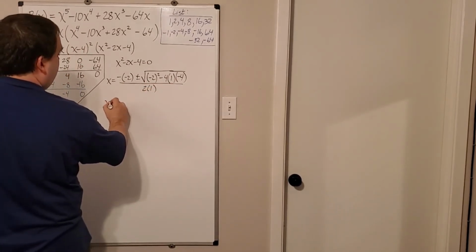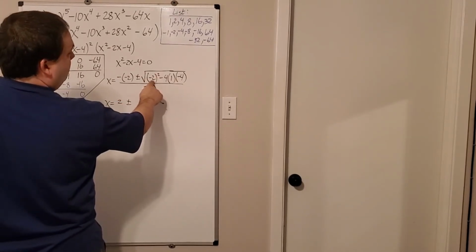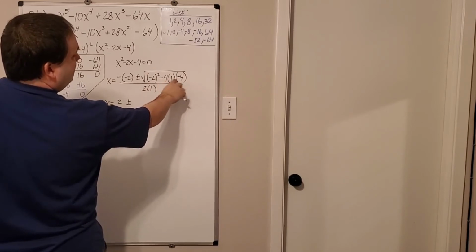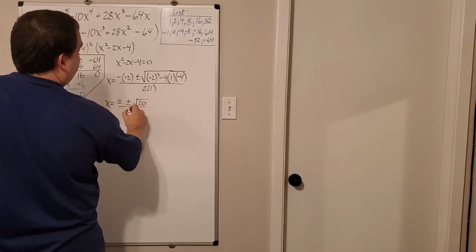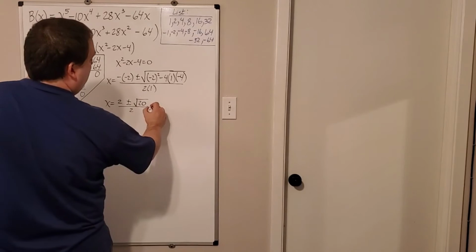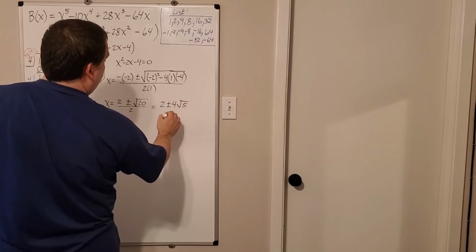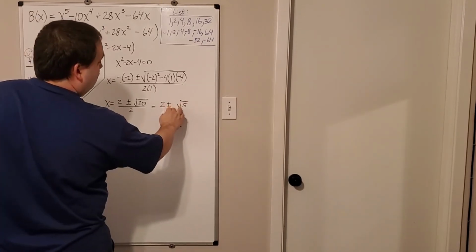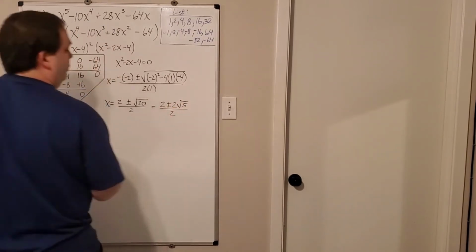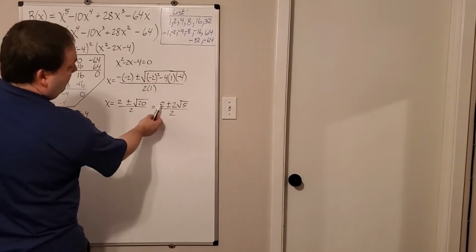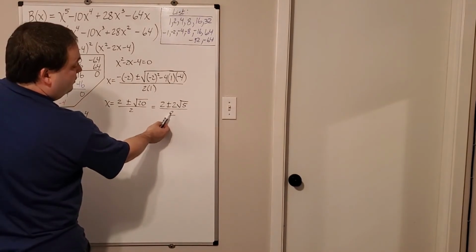So then I've got x equals 2 plus or minus, negative 2 squared is 4, double negative plus 16, so I've got the square root of 20, all over 2. And the square root of 20 I can simplify as... whoops, made a mistake. It's not 4, is it? Square root of 4 is 2, so 2 square root of 5, over 2. And notice I can simplify that because I can reduce both fractions. And remember, you have to be able to do both. 2 over 2 is 1. 2 over 2 is also 1.